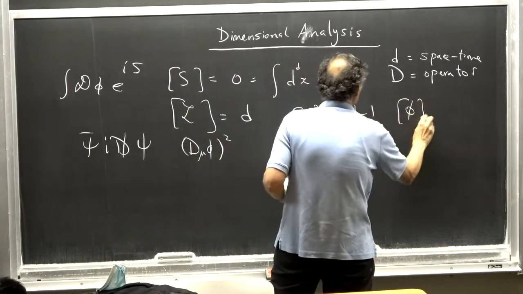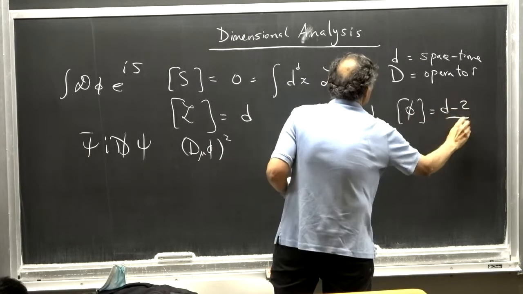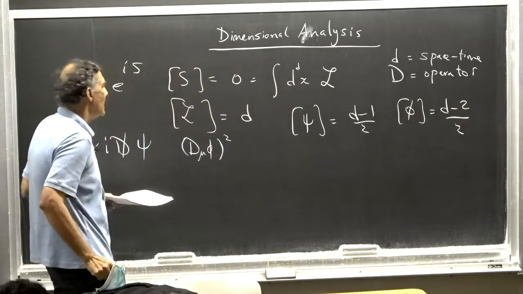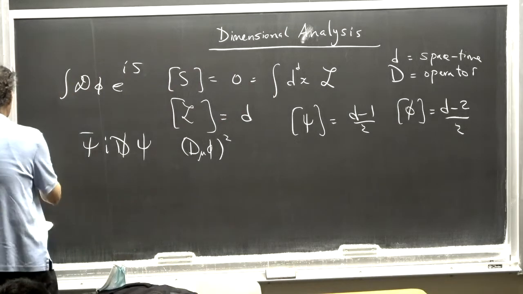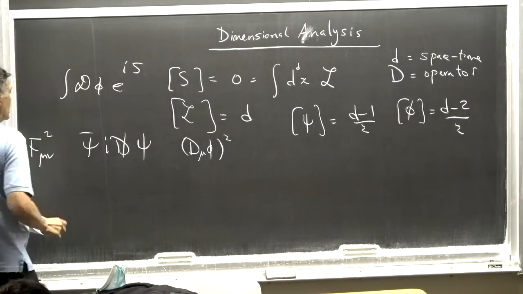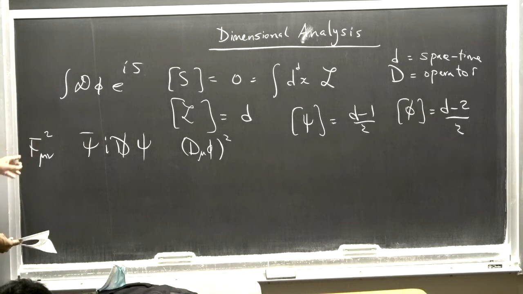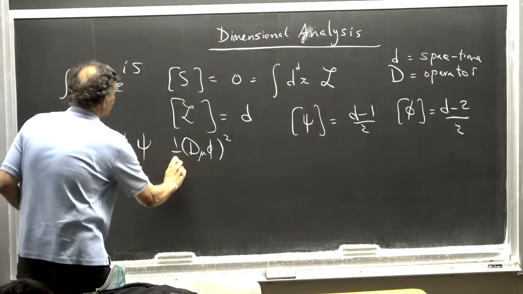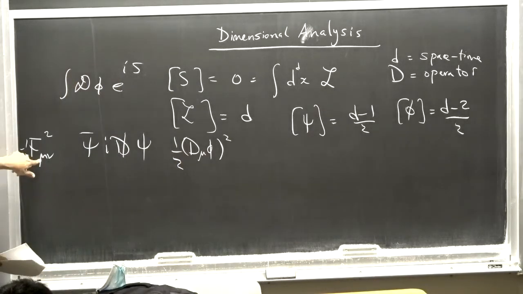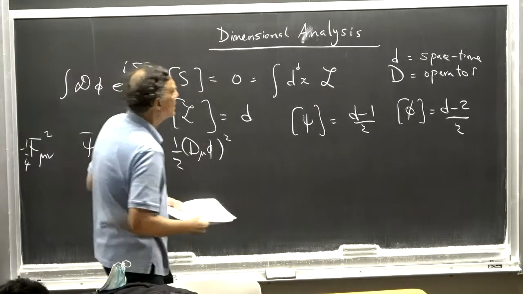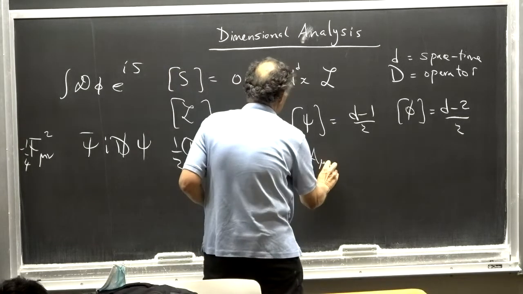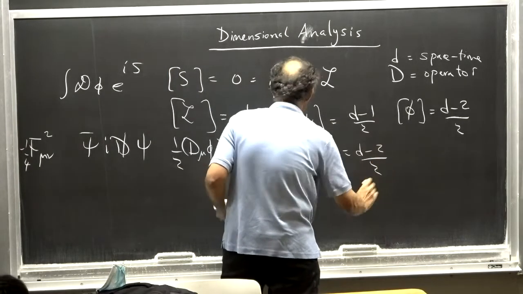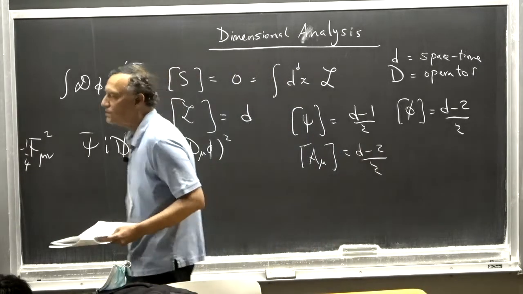The dimension of a boson field is (d-2)/2. And for the gauge field, the kinetic term is F_{mu nu} squared, with a minus a quarter. And if this is a real scalar field, there would be a half here. But again, this has two derivatives in it. And so a vector potential has dimension (d-2)/2.